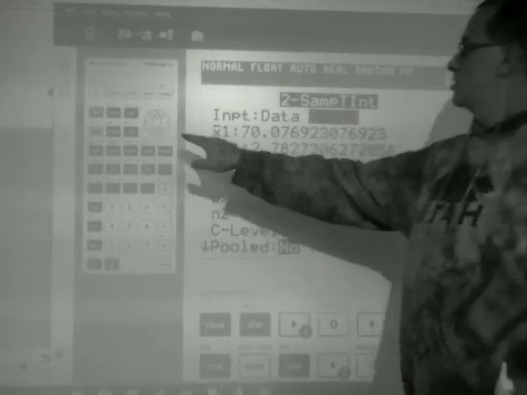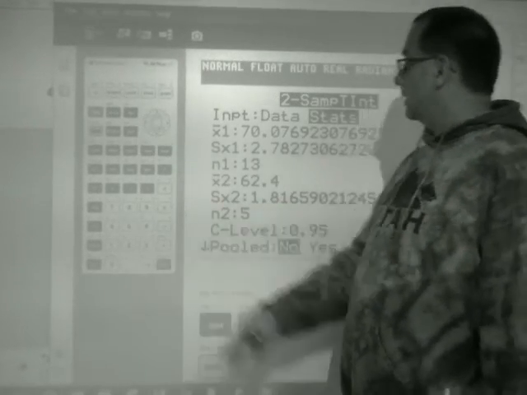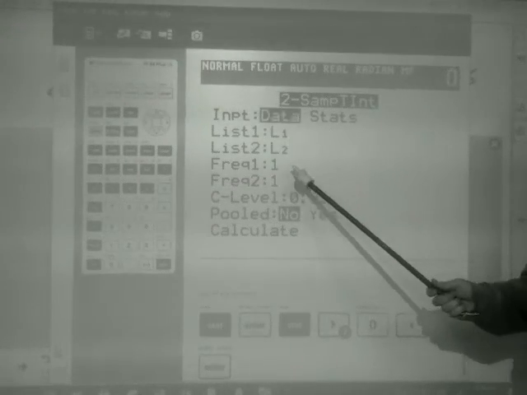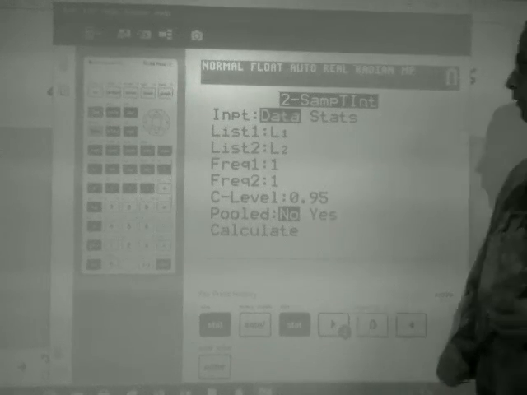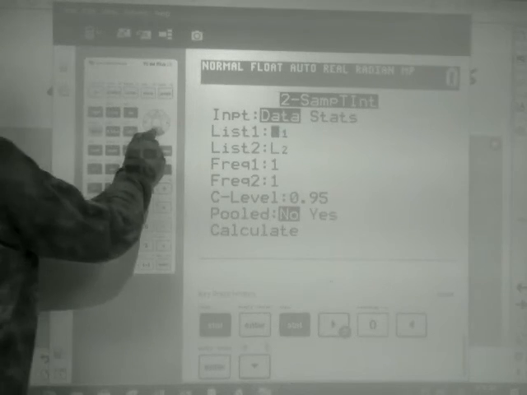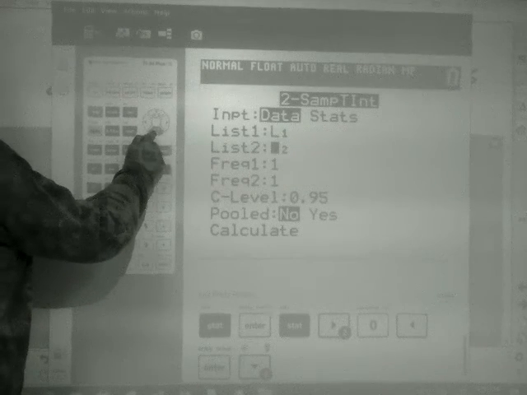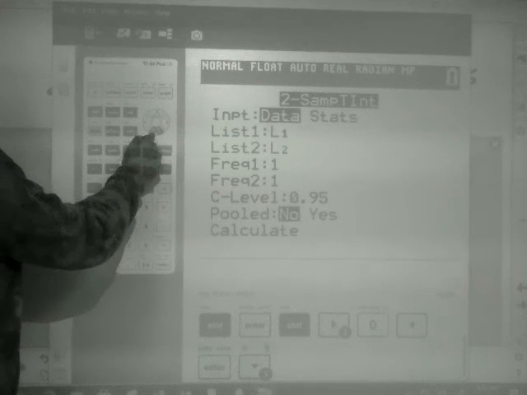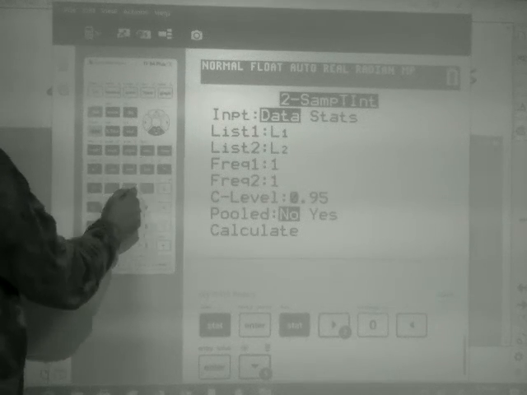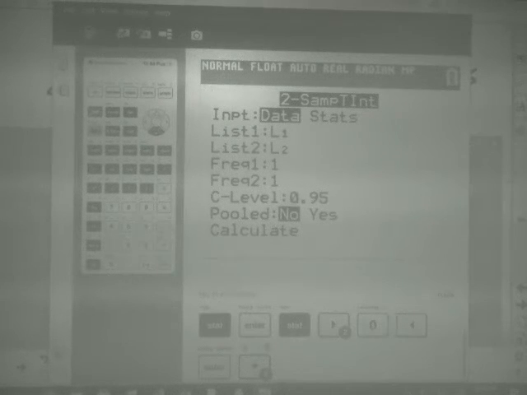And I have the data, so I have to go back and select the data. They're in list 1 and 2. Leave the frequencies alone. My confidence level is 0.95. So I am going to work my way down here to calculate. And there's my output.